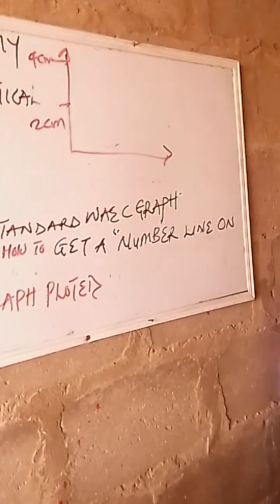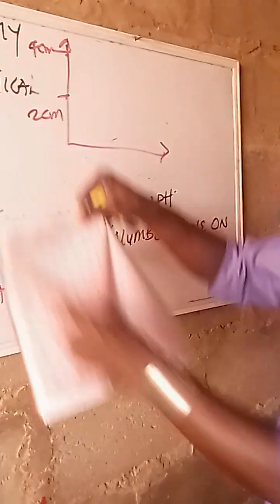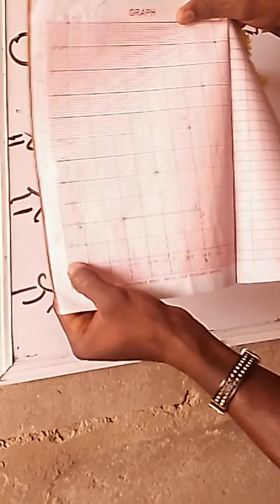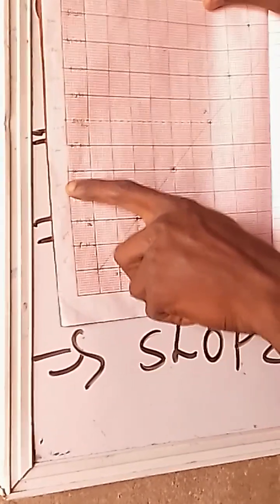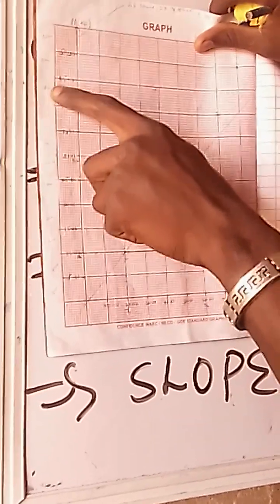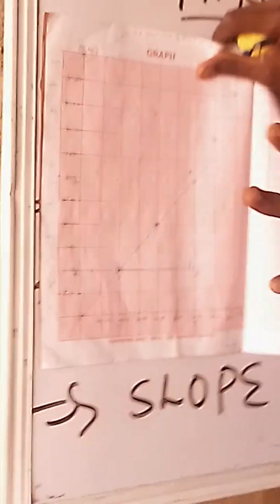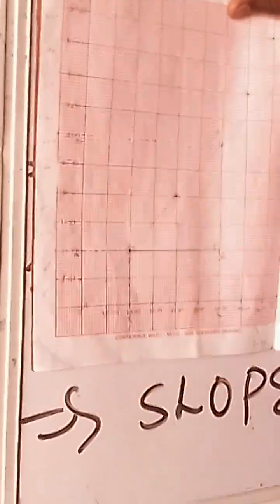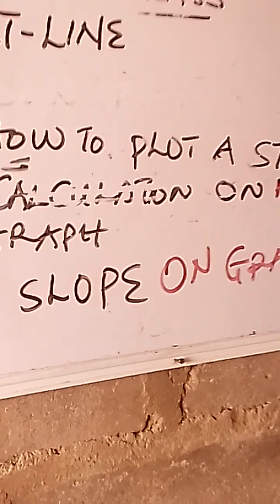From our graph now, you can see we started from 2 centimeter, 4 centimeter, 6 centimeter, 8, 10, 12, 14, 16, 18, 20, 22. That means for a standard Y graph, it was 22 centimeter.